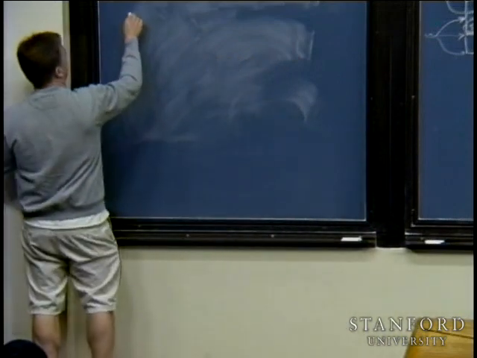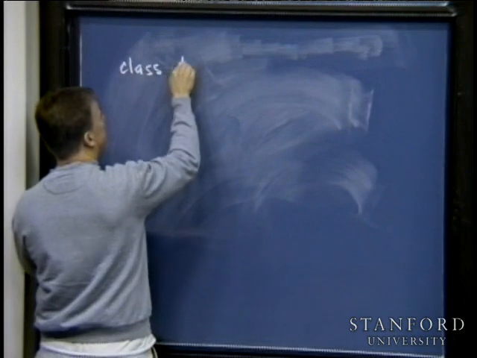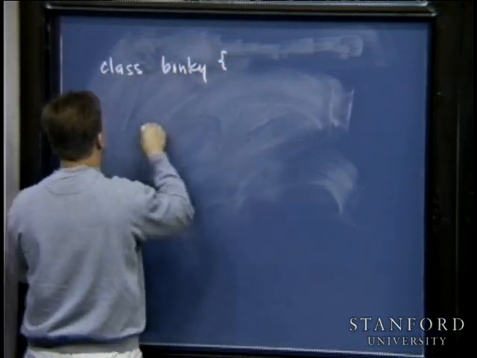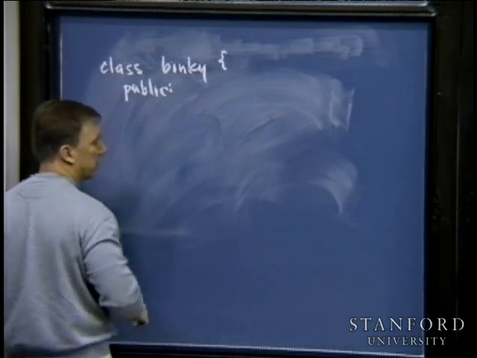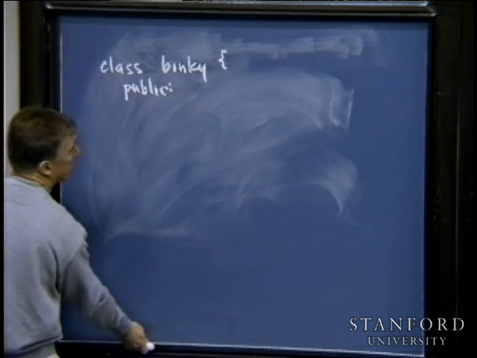When you do something like this, class, I'll just do Binky. I'll worry about the public section in a second. Let's not worry about constructors or destructors. They're interesting, but they're complicated, so I want to blow them off for a minute.